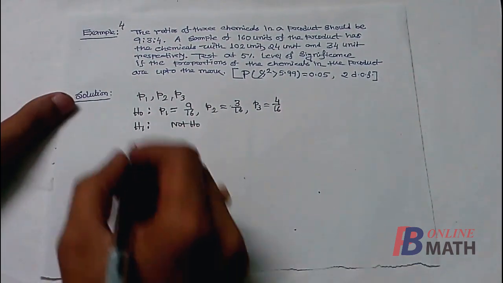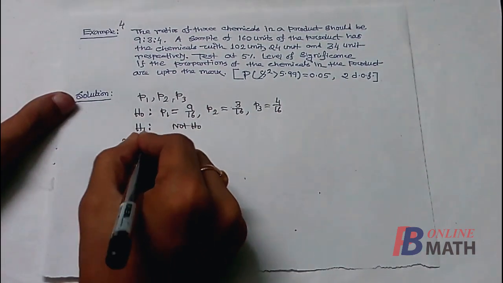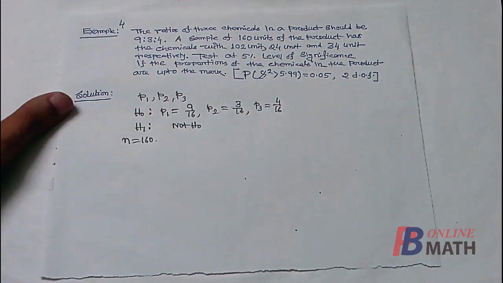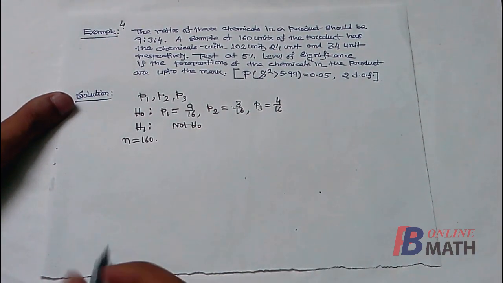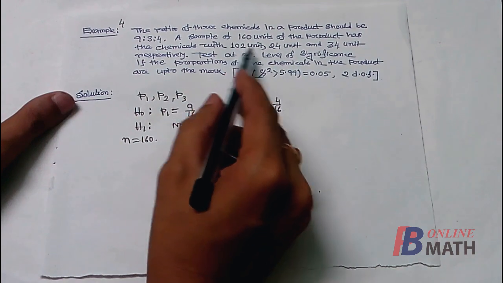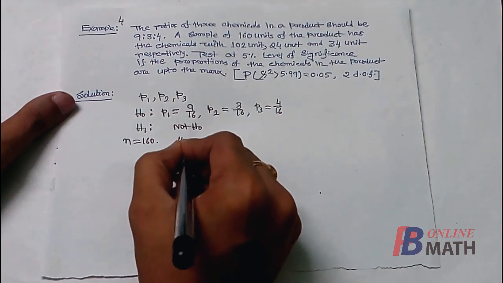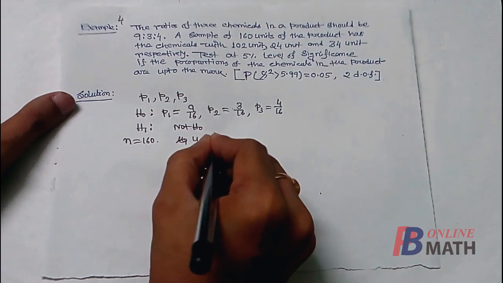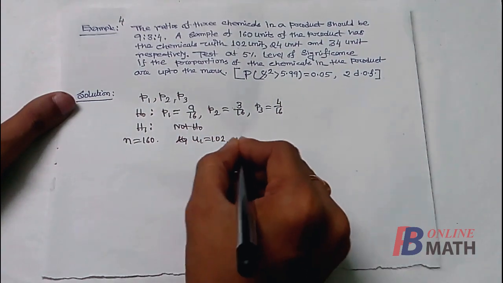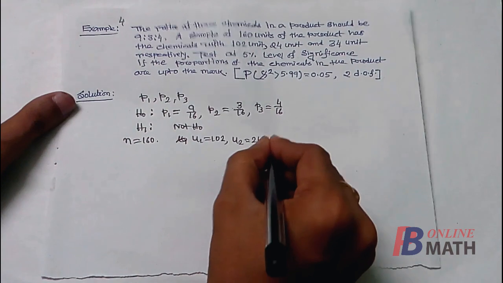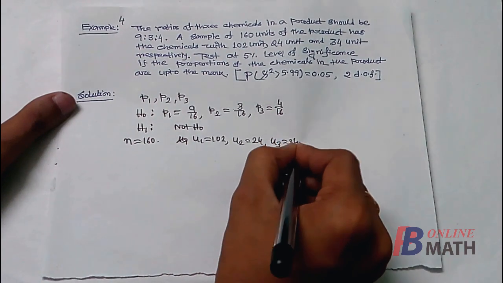Next we write that there are n equal to 160 units in the sample, with the chemicals 102, 24 and 34. So we write the observed values u1 as 102, u2 equal to 24 and u3 equal to 34.